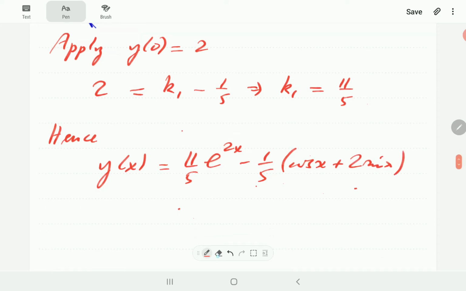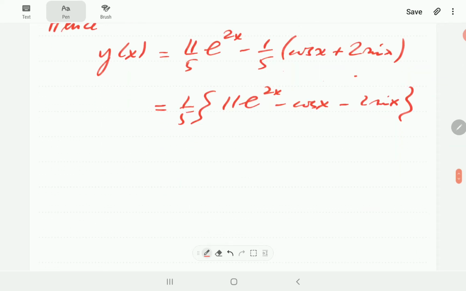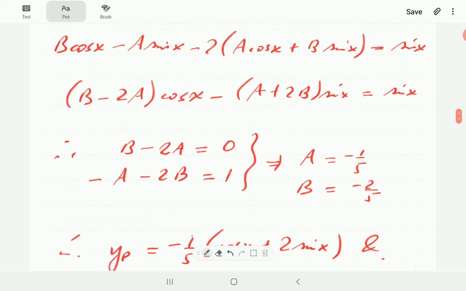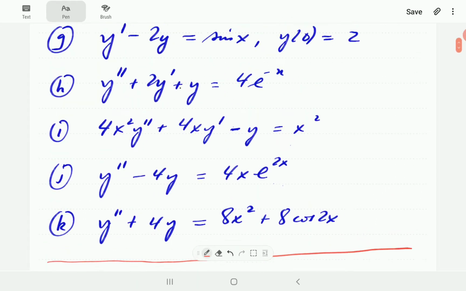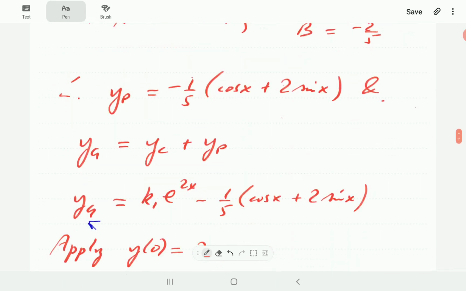If we factor out the 1 on 5, then we can write this as 1 on 5 into 11 e to the 2x minus cosine x minus 2 sine x. And so that is going to be our final solution.